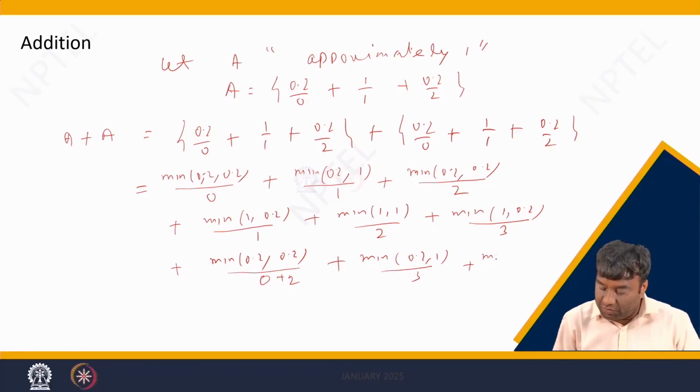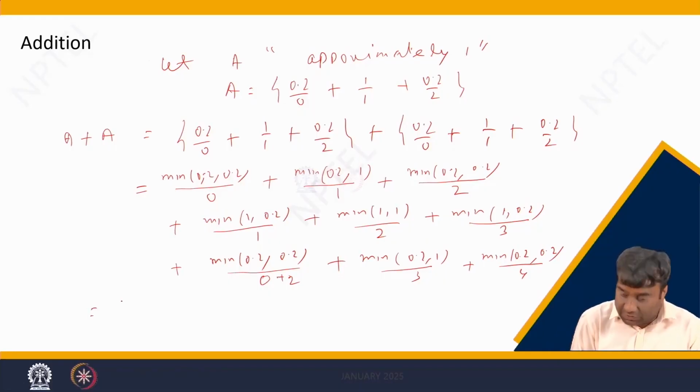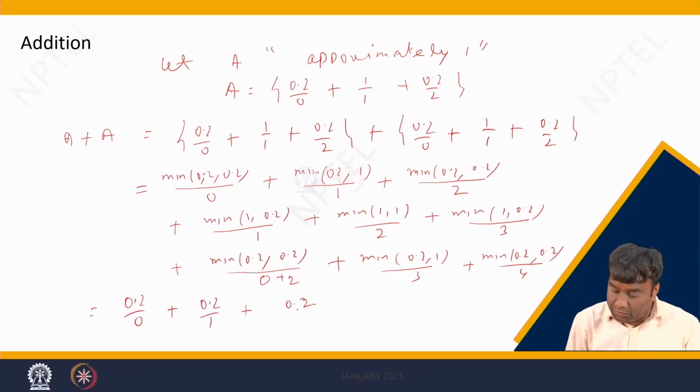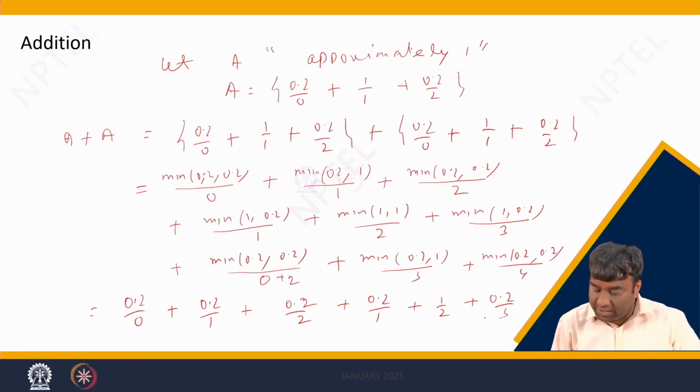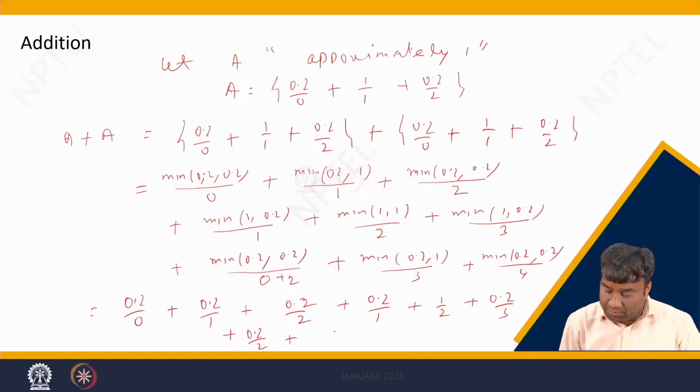Plus minimum of 0.2 and 0.2, 2 plus 0 is 2, plus minimum of 0.2 and 1, 2 plus 1 is 3, plus minimum of 0.2 and 0.2, 2 plus 2 is 4. So we can write it as 0.2/0 plus 0.2/1 plus 0.2/2 plus 0.2/1 plus 1/2 plus 0.2/3 plus 0.2/2 plus 0.2/3 plus 0.2/4.